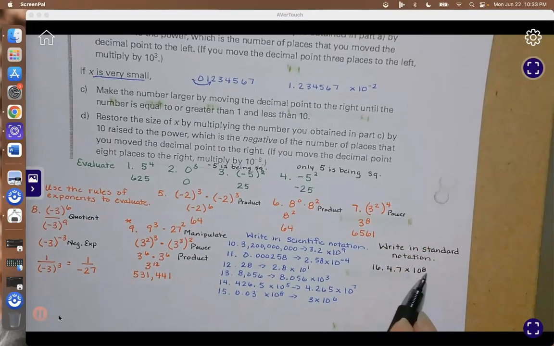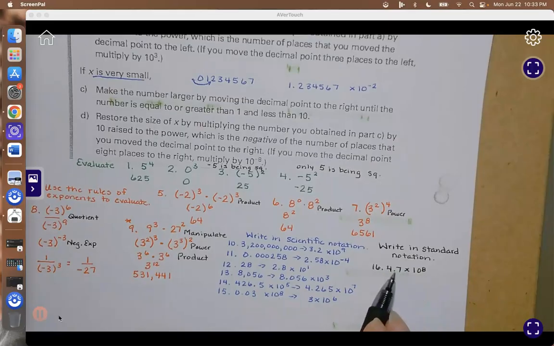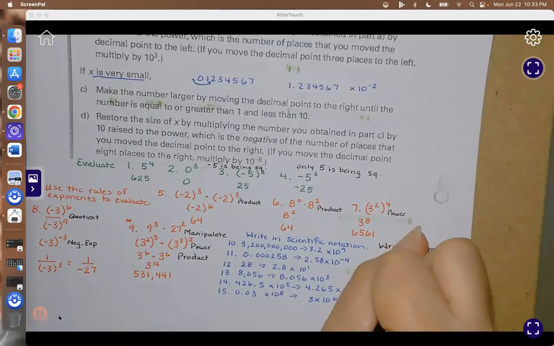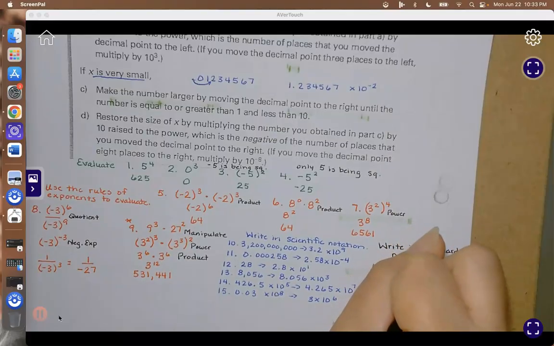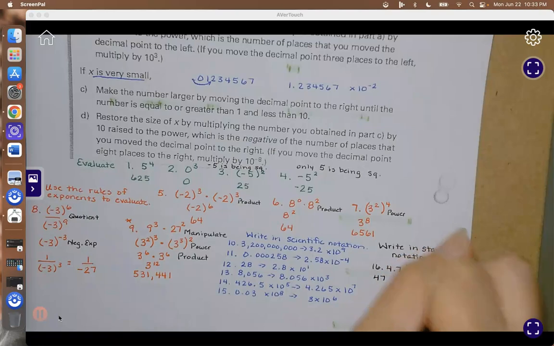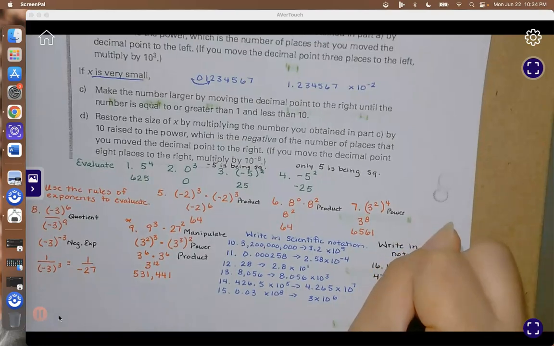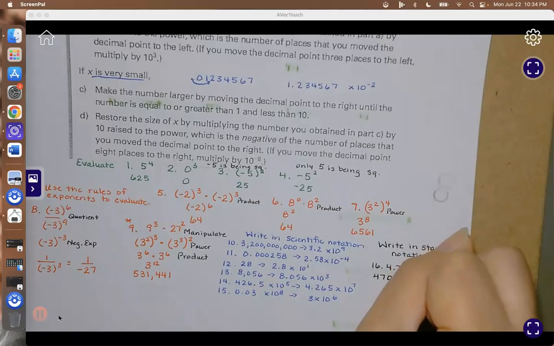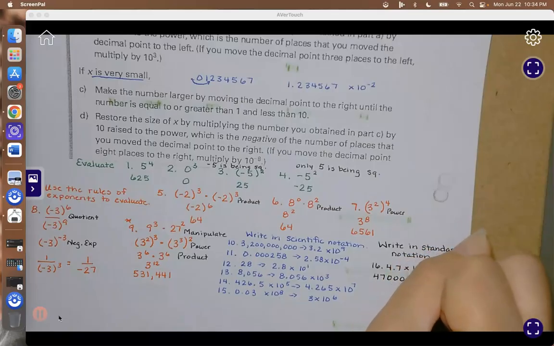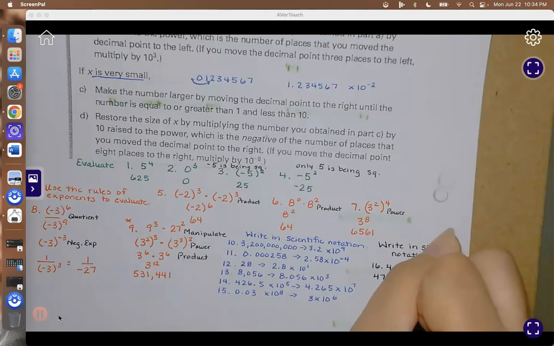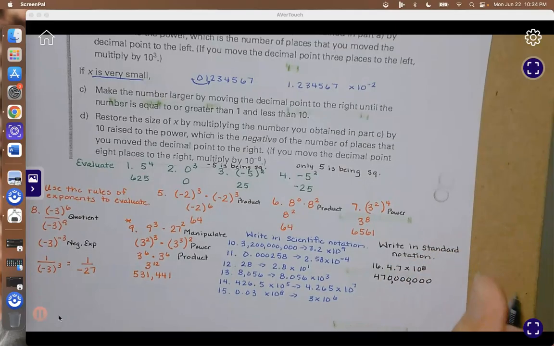So that means I need to move this decimal 8 times, and I'm making a big number. So this is 4, 7, and then that's 1 place, and then 2, 3, 4, 5, 6, 7, 8. When I put my commas in there, that's 470 million.